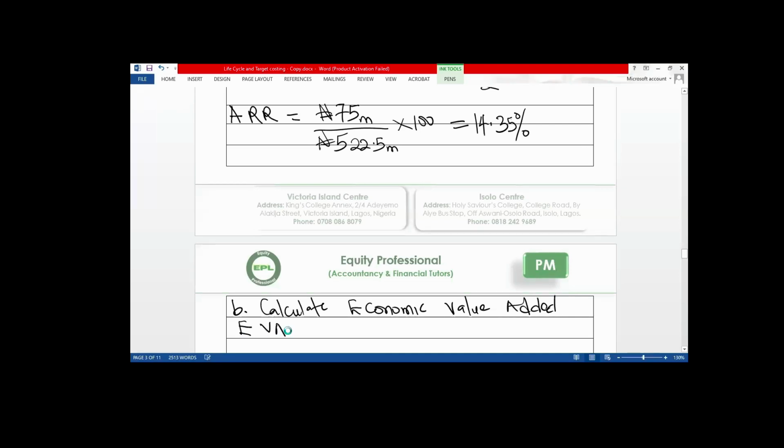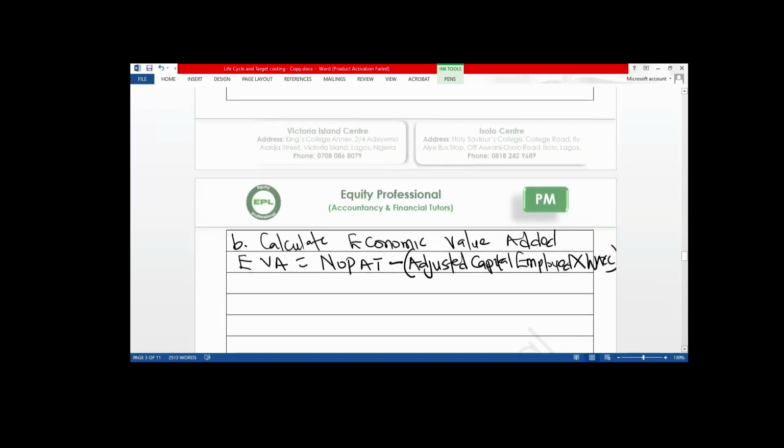So I will take the formula. Economic value added is calculated as NOPAT minus, open a bracket, adjusted capital employed multiplied by the WACC. This is the formula for calculating economic value added.